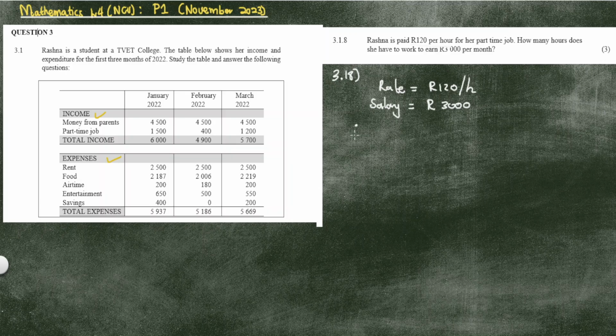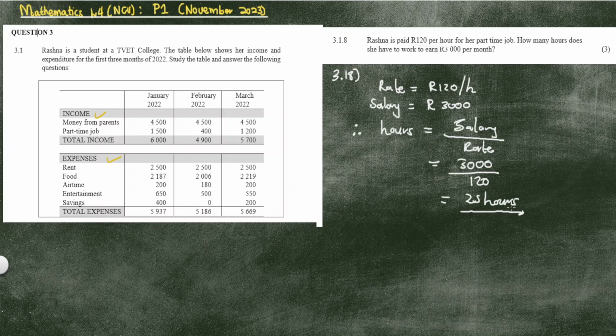Therefore, hours to be worked is equal to the salary divided by the rate. It will give us the number of hours. So this is 3,000 over a rate of 120, which is a total of 25 hours. So she will have to work 25 hours.